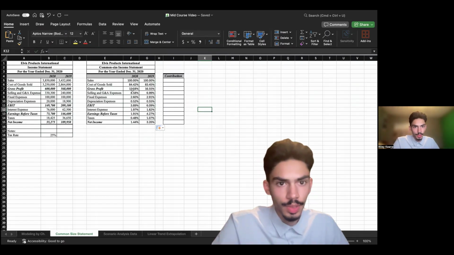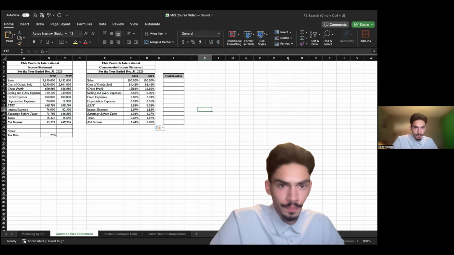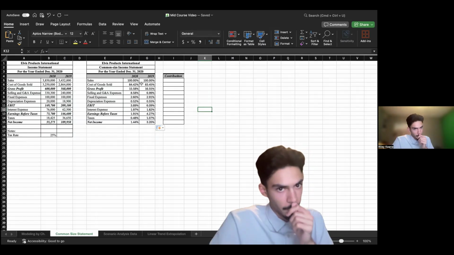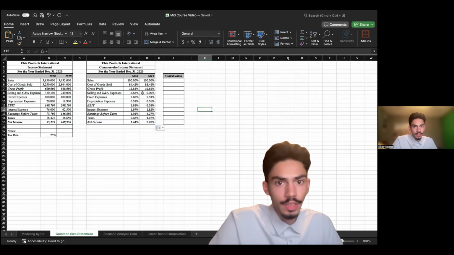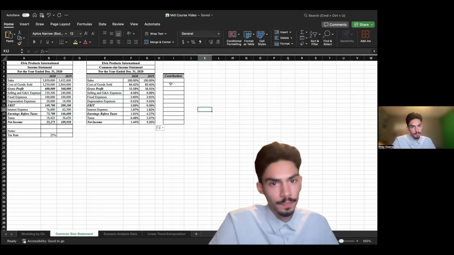so from this, we can see that cost of goods sold are 84.42% of sales, and gross profit is 15.58, as opposed to the previous year where cost of goods sold were only 83.45% and gross profit was higher at 16.55%.